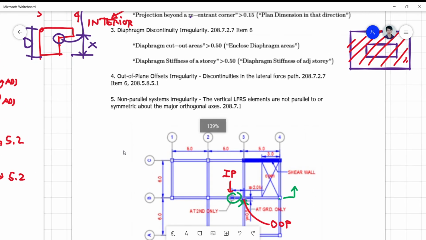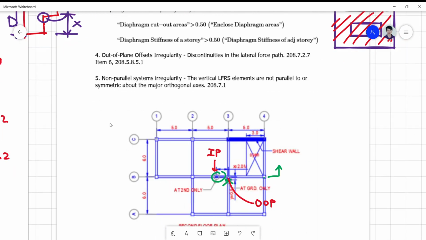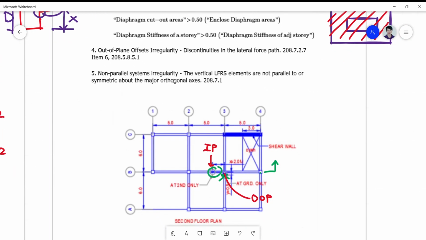So non-parallel system irregularity is measured when your vertical LFRS elements are not parallel to or symmetric about the major orthogonal axis. Okay? So when does this non-parallel system irregularity happen? Usually on the lot area, wherein your lot area is not orthogonal or 90 degrees.